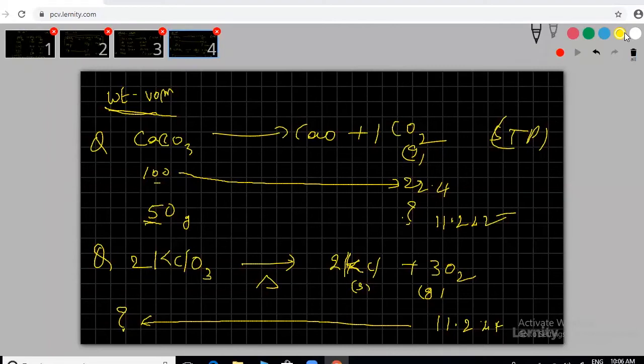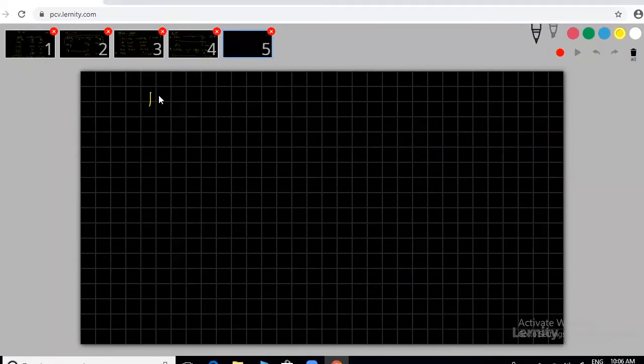Very simple, I'm writing here. 2 moles of KClO3 we can heat, and we get 2 KCl plus 3 O2. We can find the weight of KClO3: potassium 39, Cl 35.5, and oxygen 48.